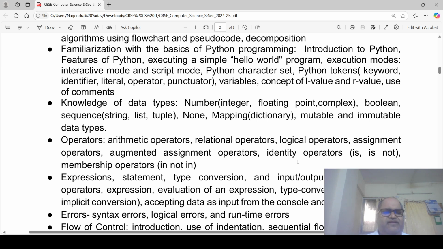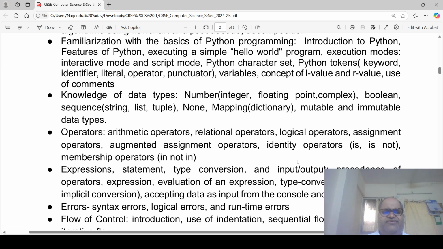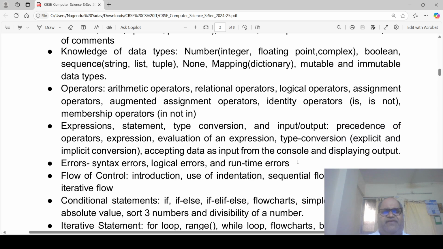And then it introduces your data types: integer, floating point, complex, your boolean, which is 0 or 1 or true or false, and then sequences which are string, list, and tuple, right?